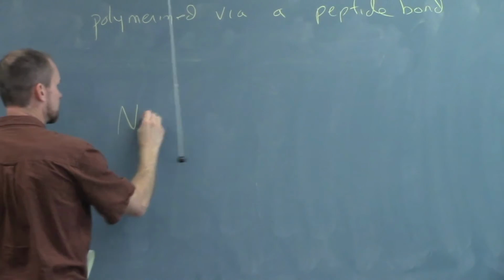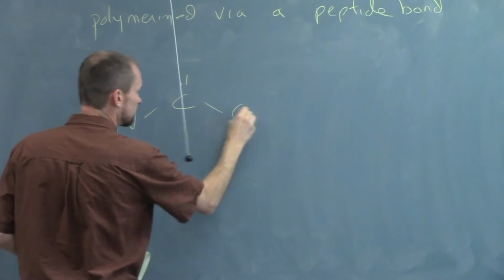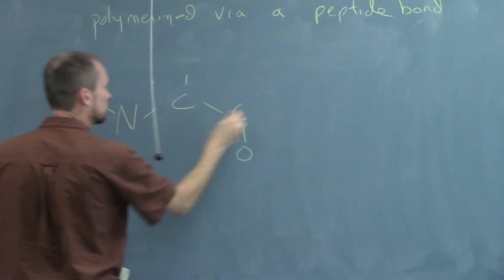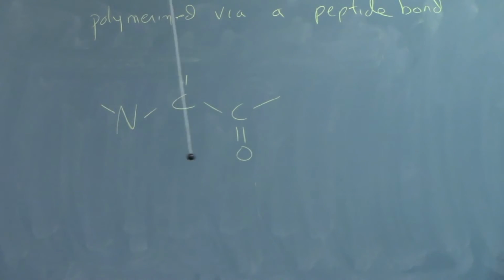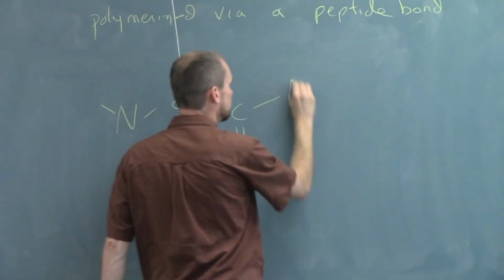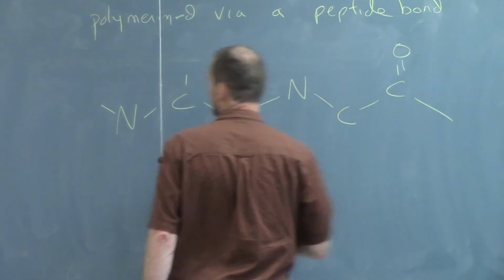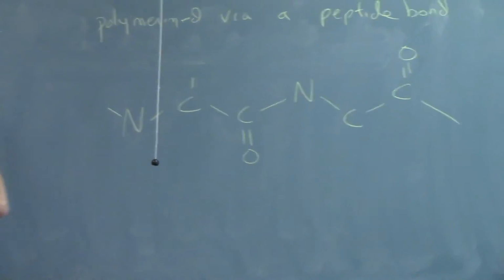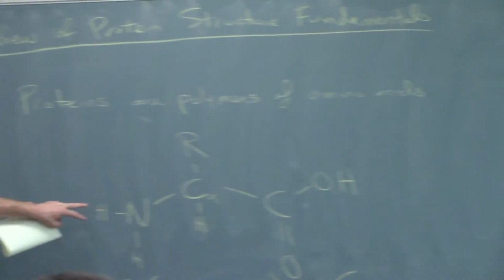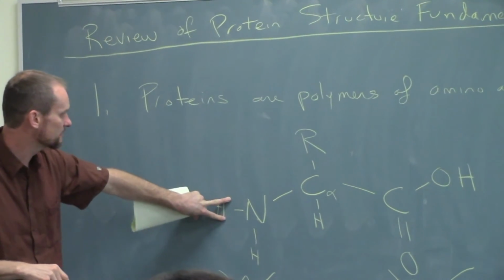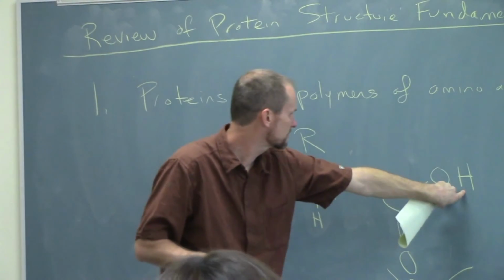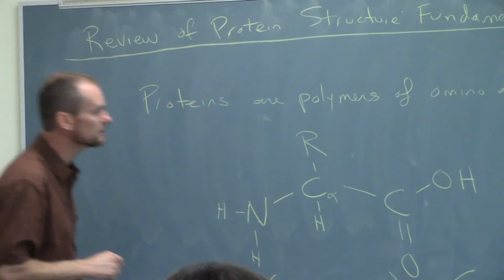If we take the nitrogen, the alpha carbon, and the CO, we can put a second one next to that with another nitrogen, an alpha carbon, and a CO. To do that, we need to take away a proton from the nitrogen and an OH from the carbonyl.